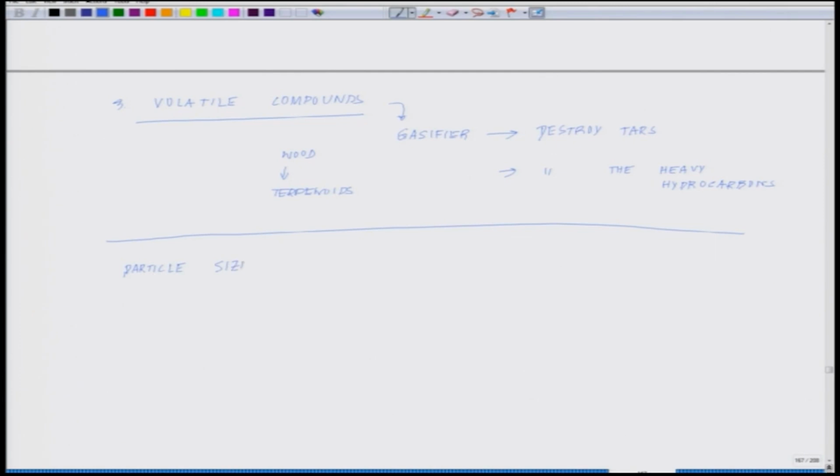Now, in terms of the particle size of the feedstock materials, particle size depends on the size or the dimension of the earth, because that is where the reaction is going to take place.